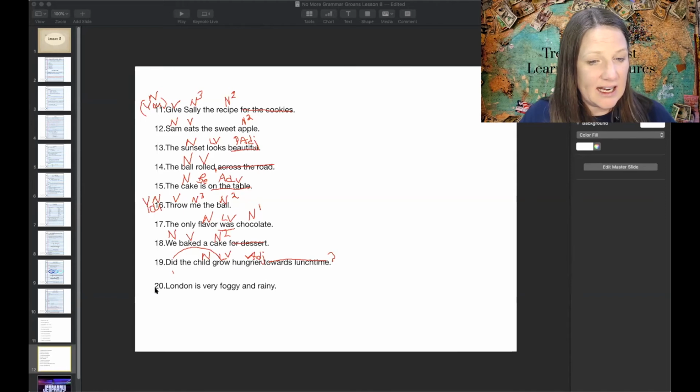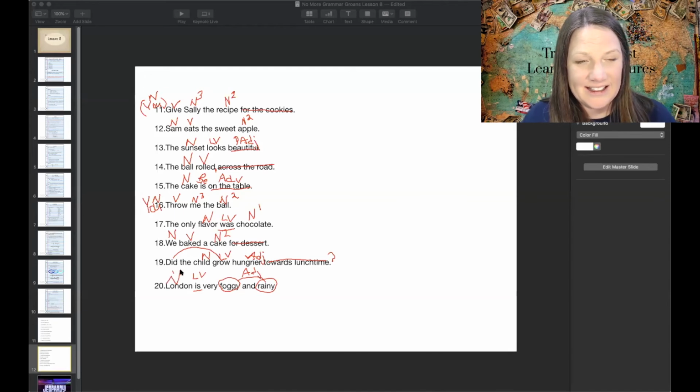Number 20, London is very foggy and rainy. I see a linking verb, is, and then foggy and rainy are going to be adjectives that describe our subject, London. London, noun, linking verb is, foggy and rainy are the adjectives describing London.